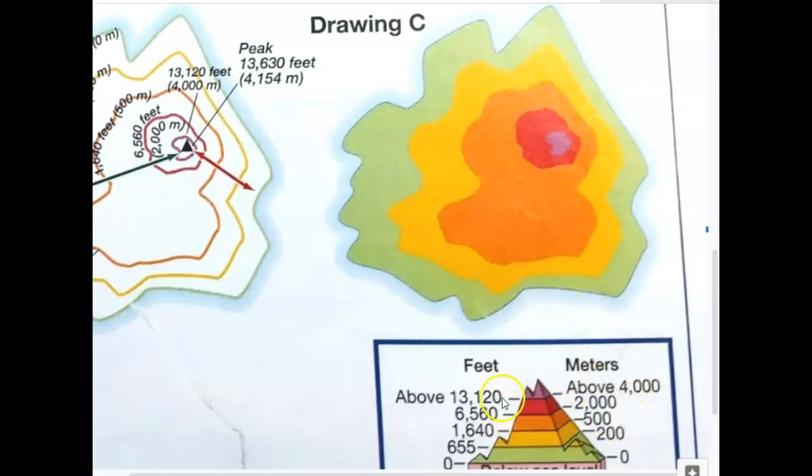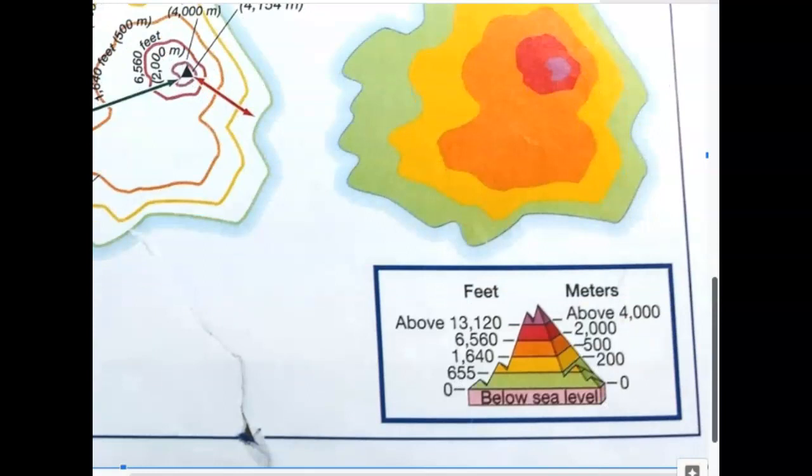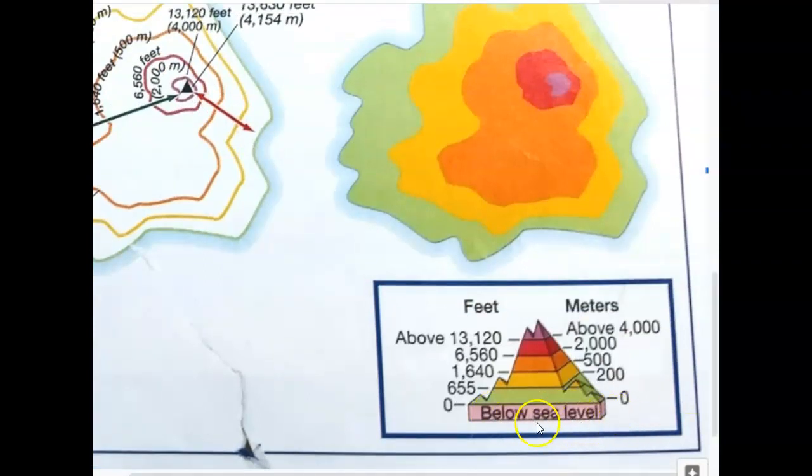Oh, and this is in meters. The feet are over here. So above 13,000 feet, there's the red. Feet, meters, different things, and the key shows us both because in the United States we usually use feet, but a lot of the rest of the world uses meters. So it's the more scientific term right there. And then below sea level would be down here, which none of this is below sea level.